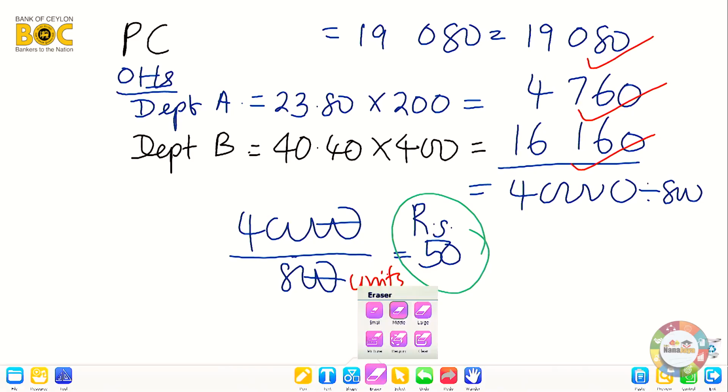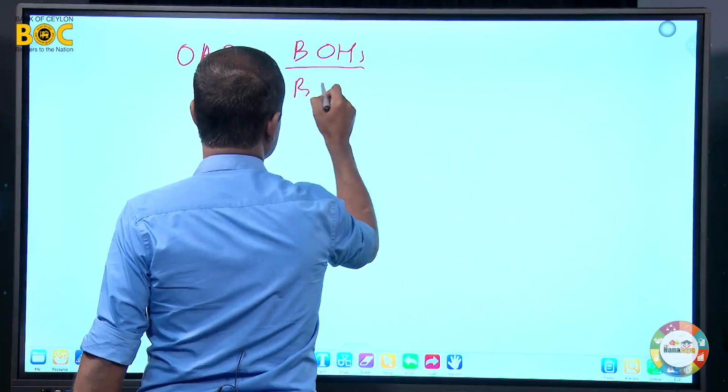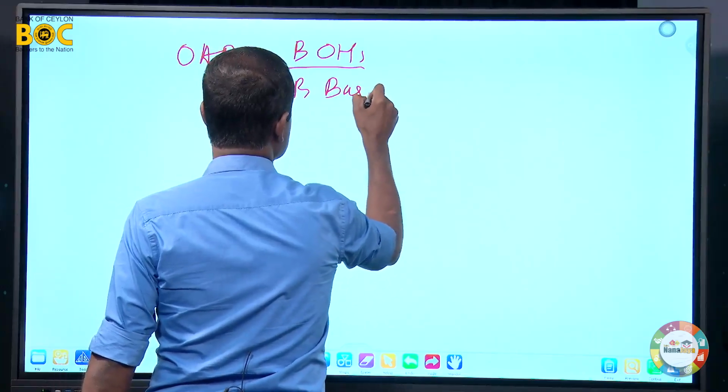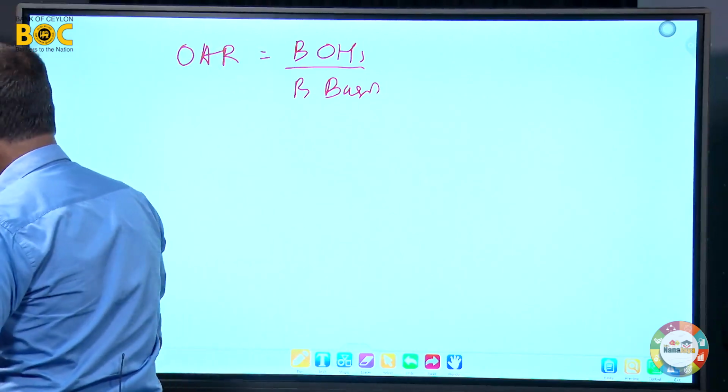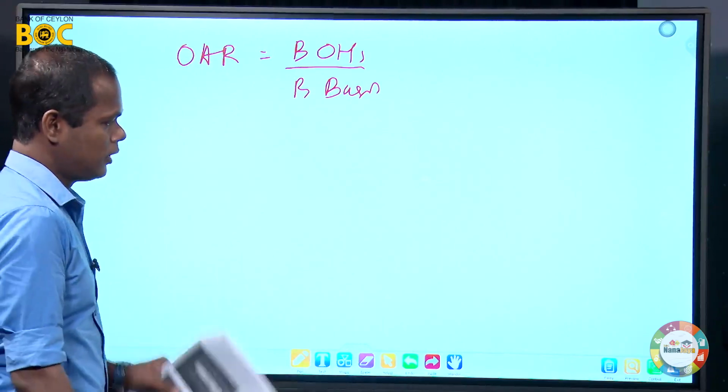How do you calculate the overhead absorption rate? Budgeted overheads divided by budgeted basis, or estimated overhead divided by estimated basis.